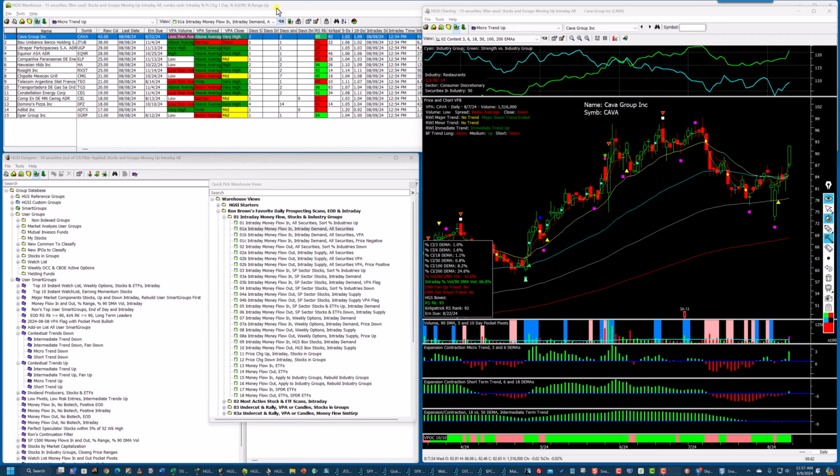Bring up my arrow again, and you can see that this column, these are all positive. This is the volume point of control, not the force index. But this is the column right here that tells us that this stock is positive on the micro trend up.